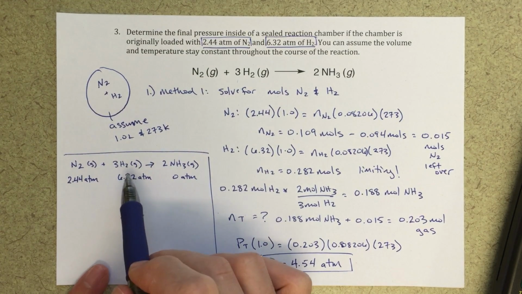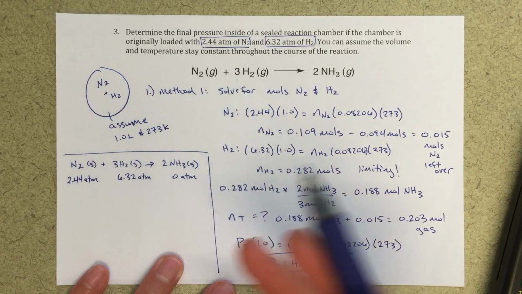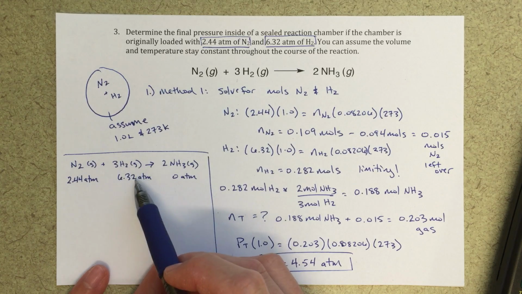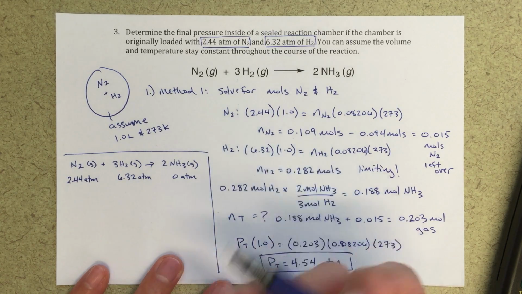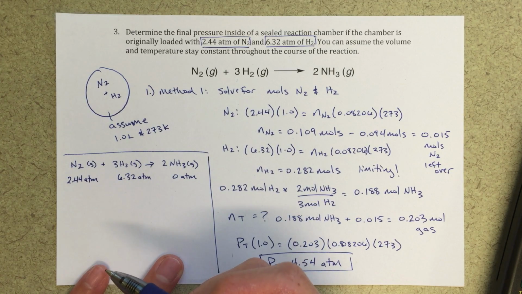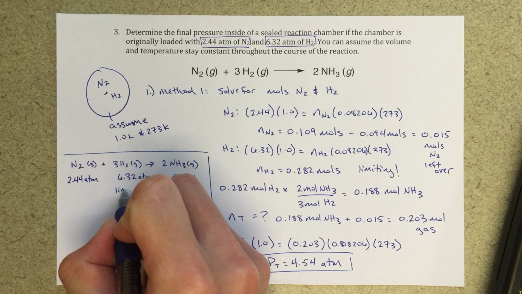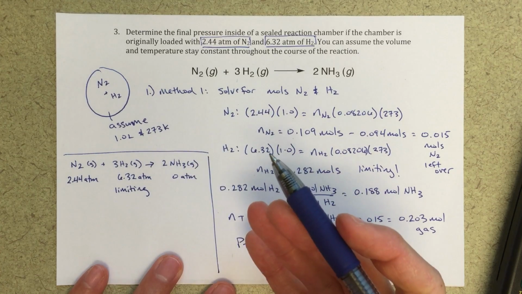Now, since we are holding volume and temperature constant, the pressure and the number of moles are directly proportional, meaning that I can treat these 6.32 atmospheres essentially as the number of moles that I have. I can treat it in the exact same way, really. So again, I could figure out the limiting reagent, because the pressure is directly proportional to the number of moles.